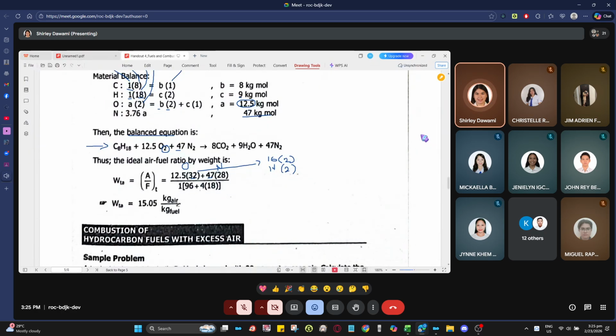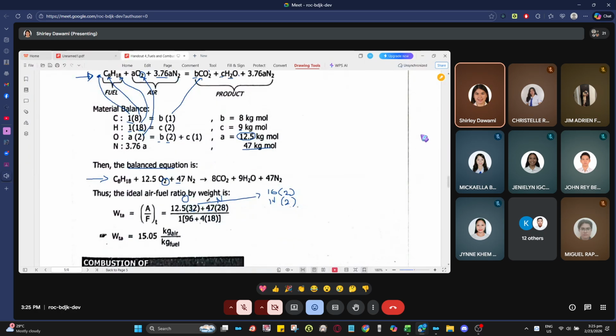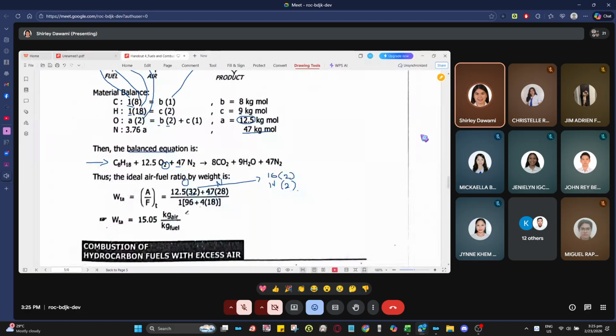Divided by the fuel, so we have carbon. For carbon, we have 8 times 12, because carbon has a molecular weight of 12.